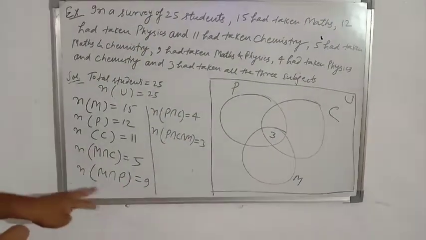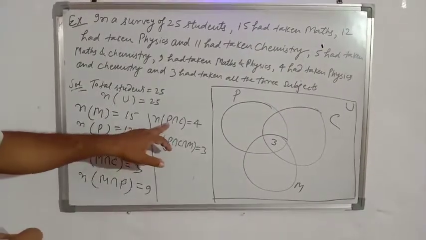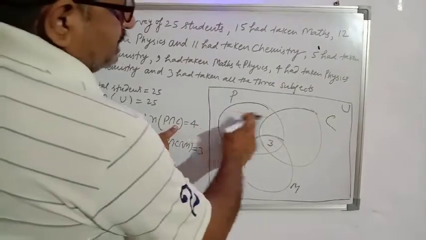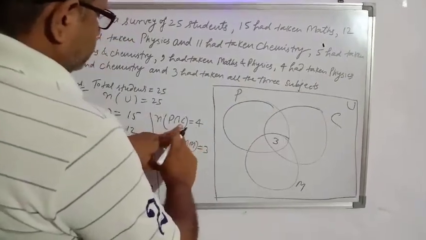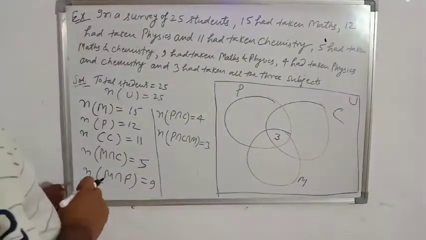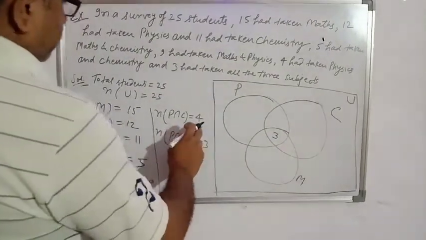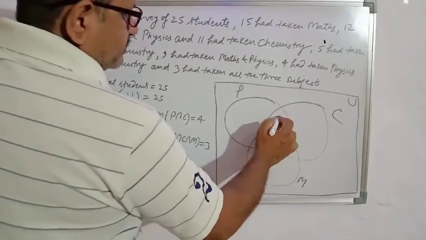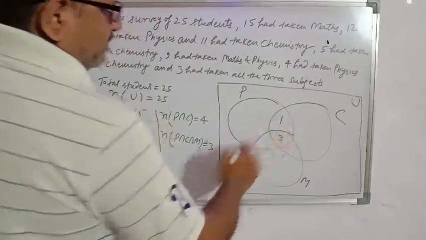Then cardinal number of physics intersection chemistry. Physics intersection chemistry is how much? 4. So 3 is already written. We will write here 1.